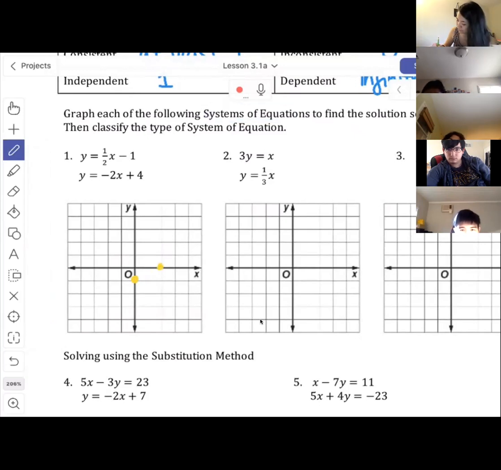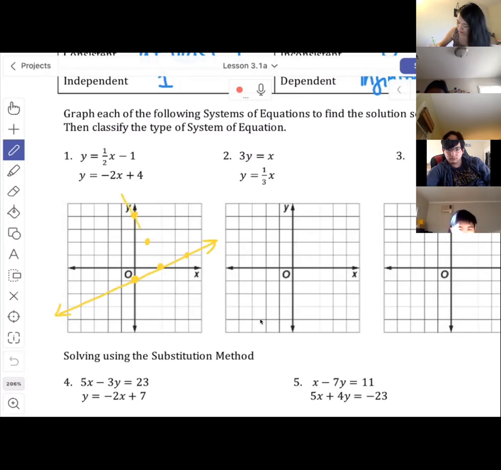And then y equals -2x plus 4. So y-intercept's 4. Okay, keep going. And then -2, so down 2 over to the right 1, since it's negative. Yeah, so you go down, and that already takes care of the negative, and then you go to the right.